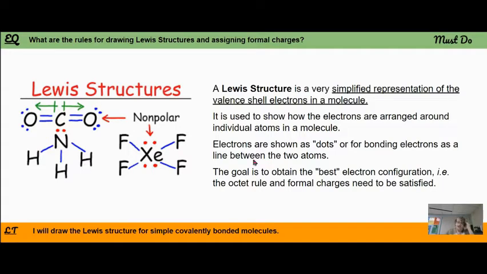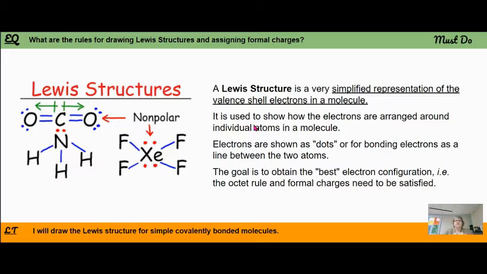Okay, so as an example, here is a Lewis structure, right? I've drawn out the symbols for the elements that are in the molecule. I've represented bonds with lines, and I have represented extra electrons with dots. Okay, and so we're going to talk about the rules for that.